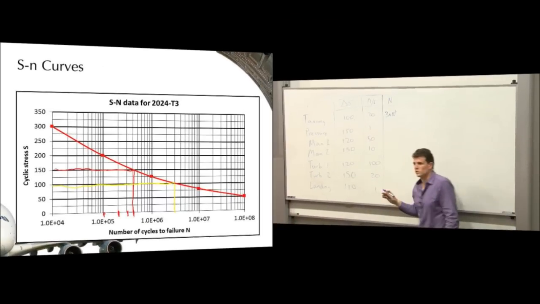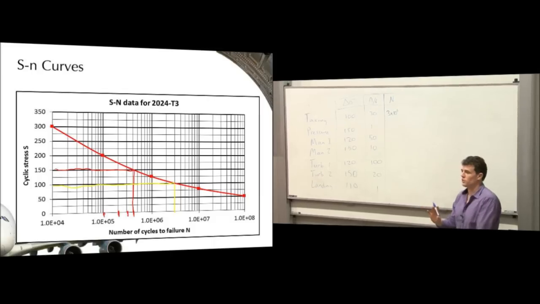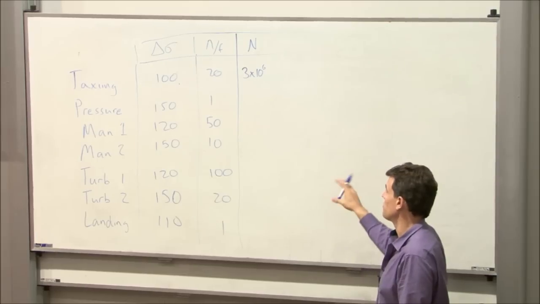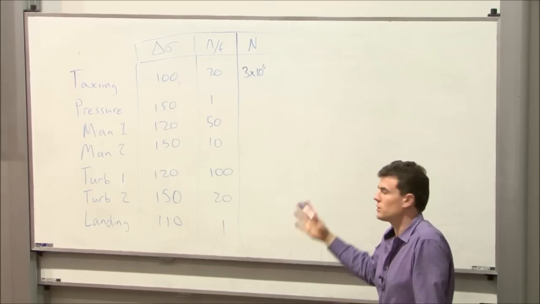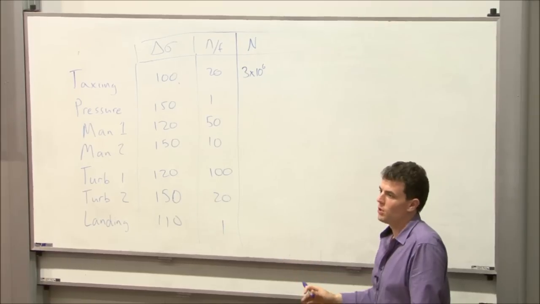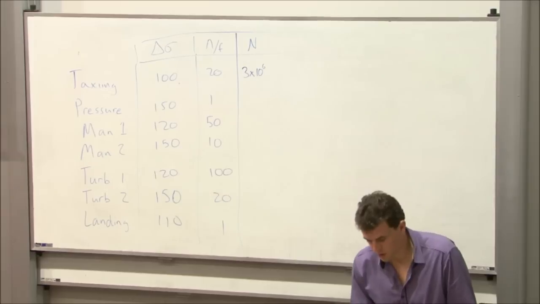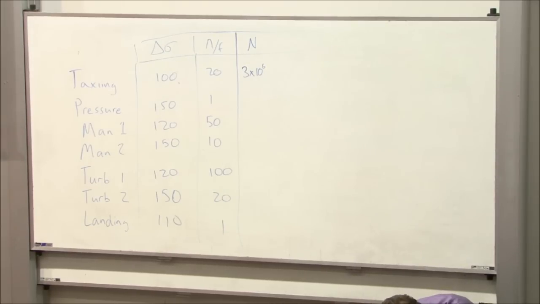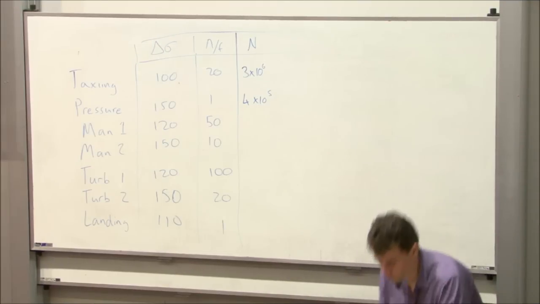Now, because the scatter factor affects all the number of cycles linearly, we can apply the scatter factor at the end. So if we work out how many cycles to failure for the whole thing, or number of flights to failure, for instance, we can just divide the whole thing by 3 because it affects the cycles in a linear way. Okay, I'll get a different pen color. We've already done 150. We already said that was 4 by 10 to the 5. I'll do one more.